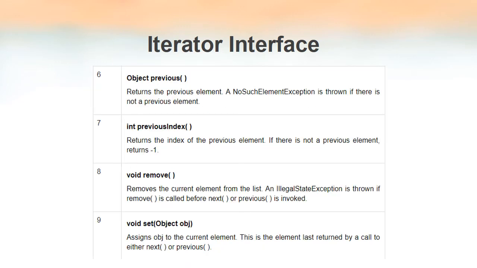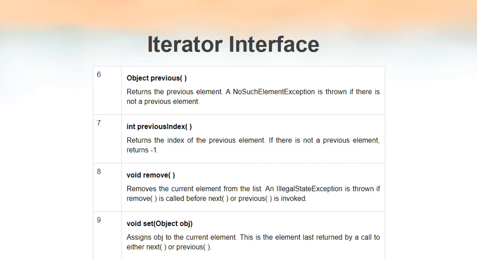Since we can move in the backward direction also, we can obtain the object that exists before the current element by using the previous method. Then if you want to get the index number of the previous element, we can use the previousIndex method. Similarly, the remove method is also there in the iterator interface. We can remove the element by using the remove method. Also, we can replace the existing element in a collection by means of the set method.